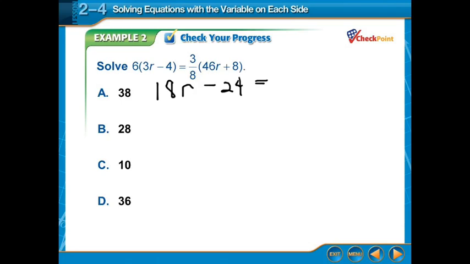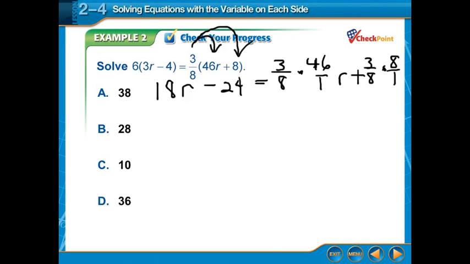Equals, now this is the part that I had to go slow on in class. People were getting confused. I'm going to take 3/8 and multiply it by 46 over 1r. If I multiply 3/8 times the first term, I have to make sure that I'm multiplying 3/8 times the second term of 8 as well, plus 3/8 times 8 over 1.